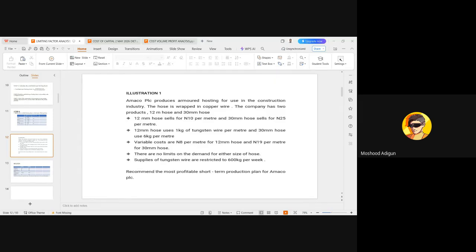The company has two products, 12 hose and 30 hose. 12 hose sells for 10 naira per meter and 30 hose sells for 25 per meter. 12 hose uses 1 kg of tungsten wire per meter and 30 hose uses 6 kg per meter.